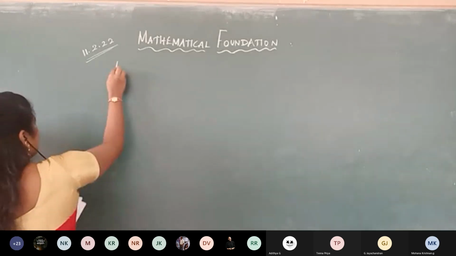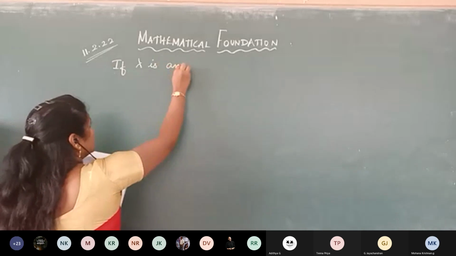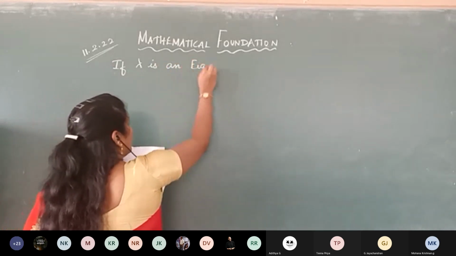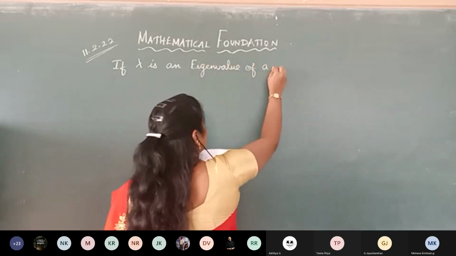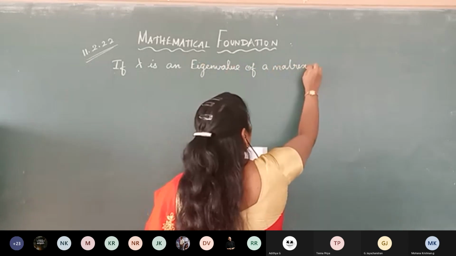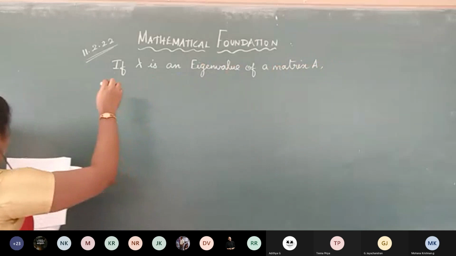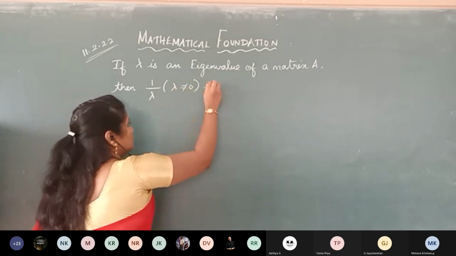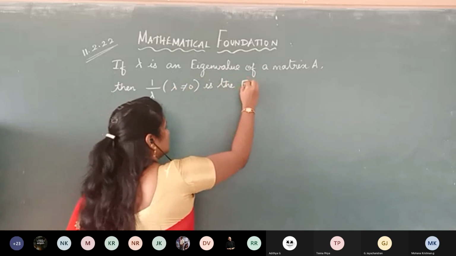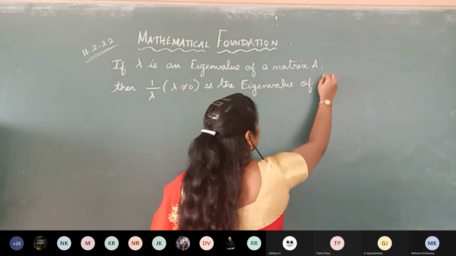So the next property is if lambda is an eigenvalue of a matrix A, then 1 by lambda, where lambda is not equal to 0, is the eigenvalue of A inverse.